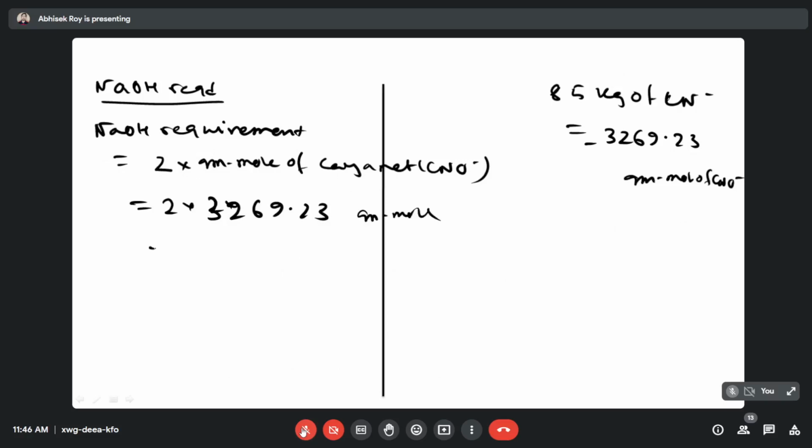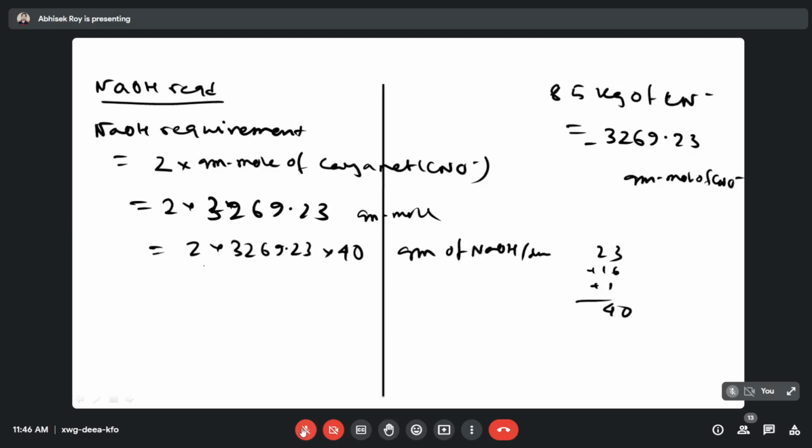Now NaOH you have to convert into gram, so this much gram mole means how much gram? 3269.23 into the molecular weight of NaOH, that will be how much? 23 plus 16 plus 1, so হচ্ছে 40. So we will multiply this by 40. So that much gram of NaOH is required per day.